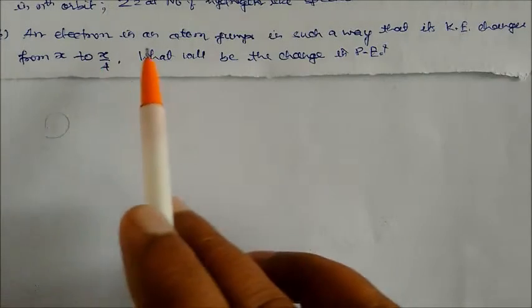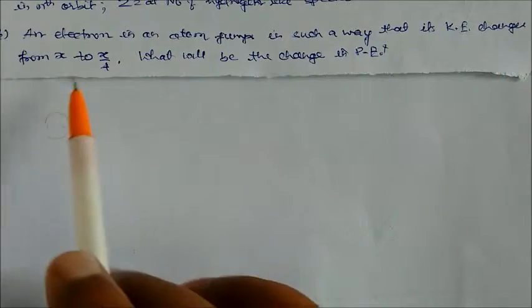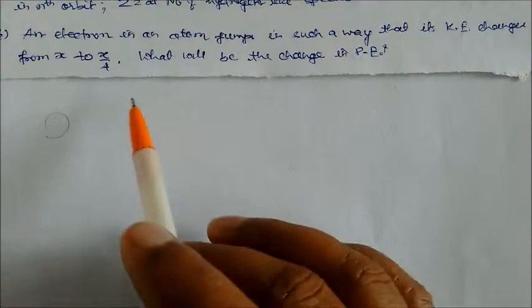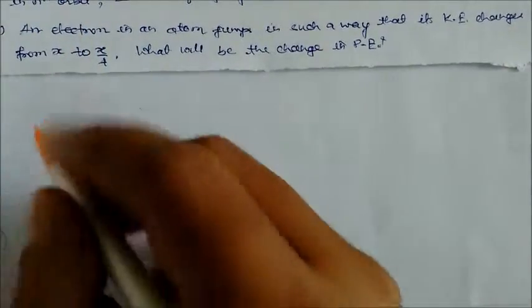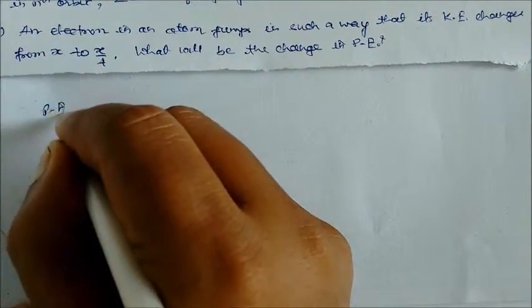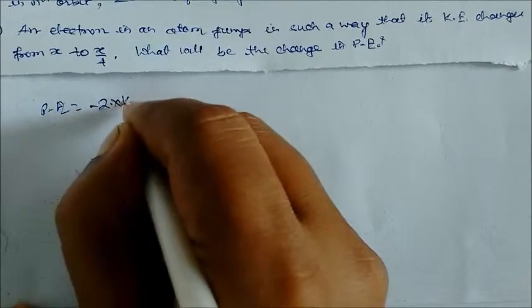An electron in an atom jumps in such a way that its kinetic energy changes from x to x by 4. What will be the change in potential energy? So again we know that potential energy is equal to minus 2 into kinetic energy.